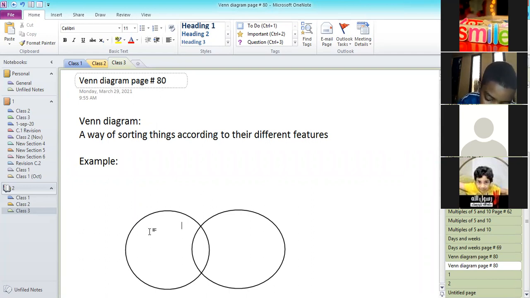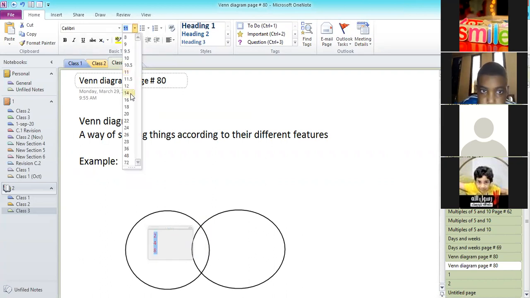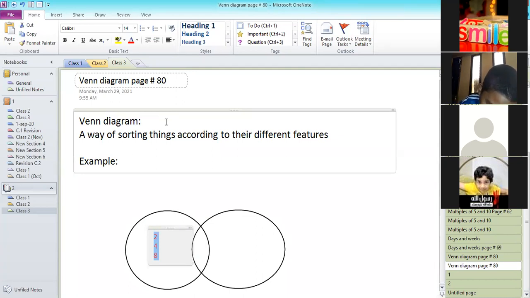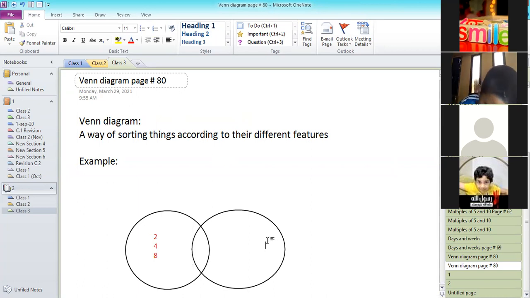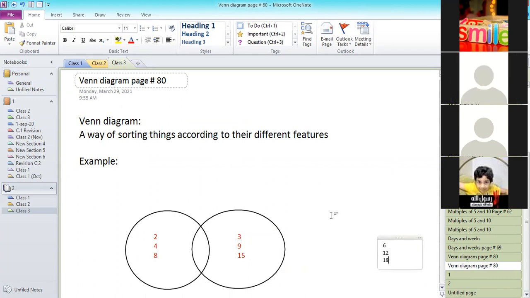I'm going to write this: 2, 4, 6, 8. 3, 9, 15. 6, 12, 18.